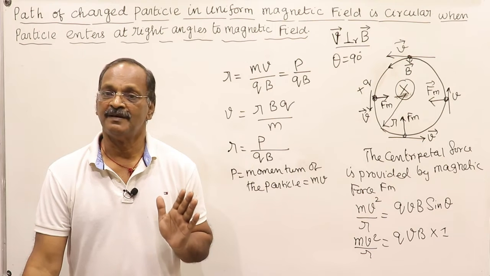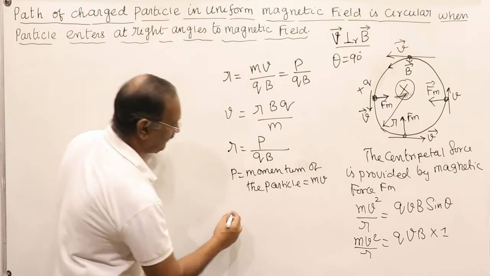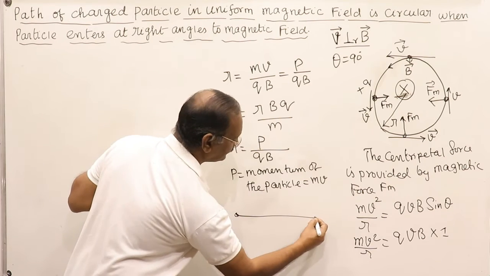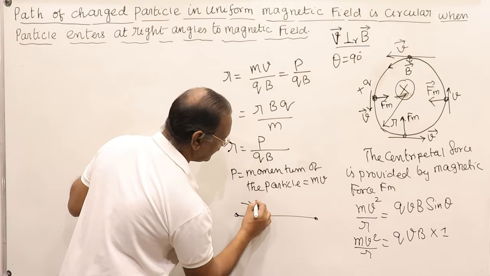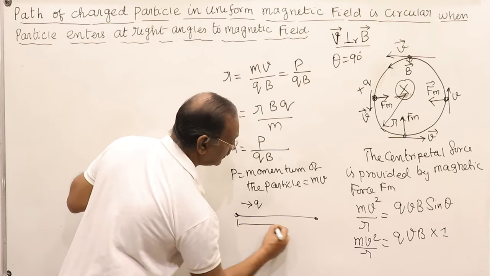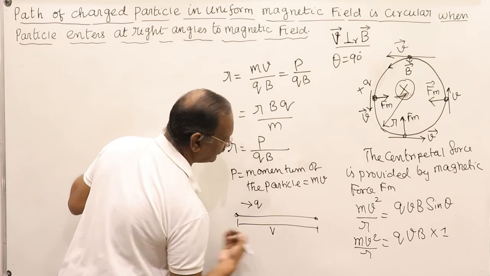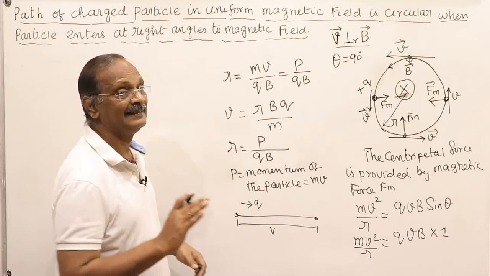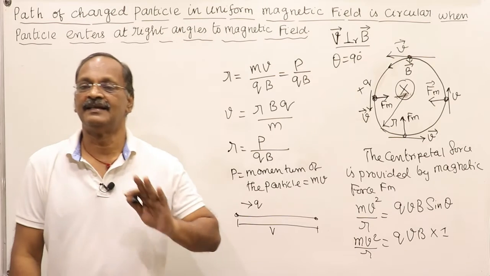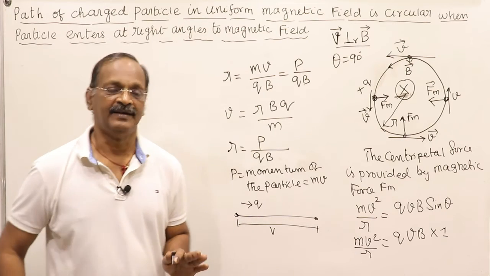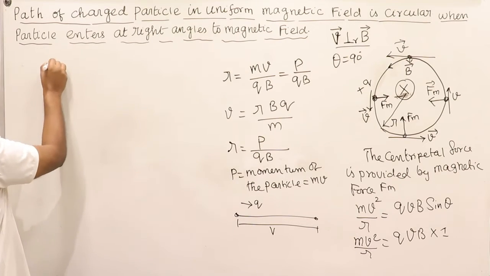Now when a charged particle q is accelerated through a potential difference V, it gains speed. It means it gains kinetic energy.